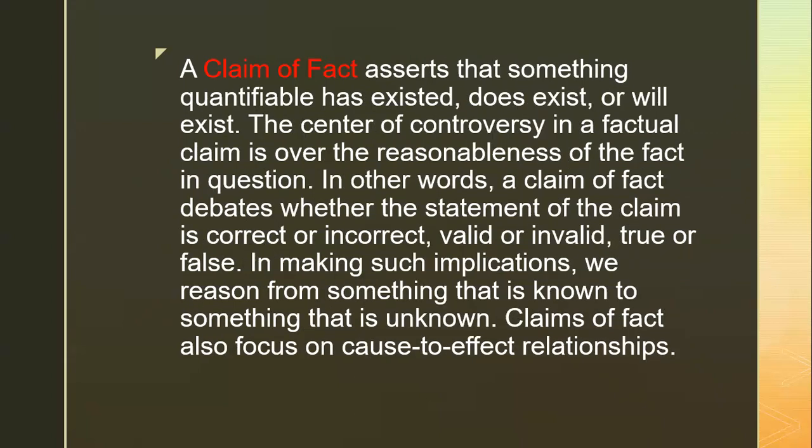Okay, for example, a claim of fact may argue that climate change does not exist because these are simply natural cycles of weather change. In this case, you cannot easily check whether this is indeed a universally accepted and undisputable fact, as there are other evidences and arguments which disagree with it.